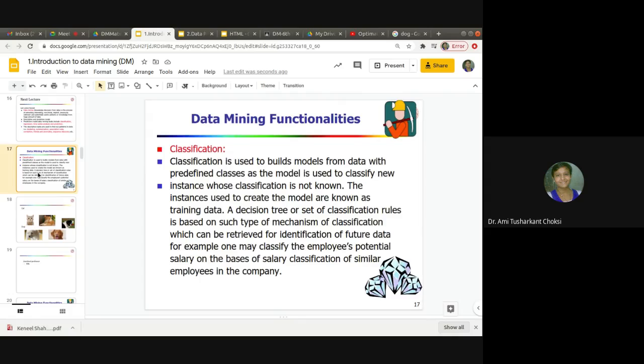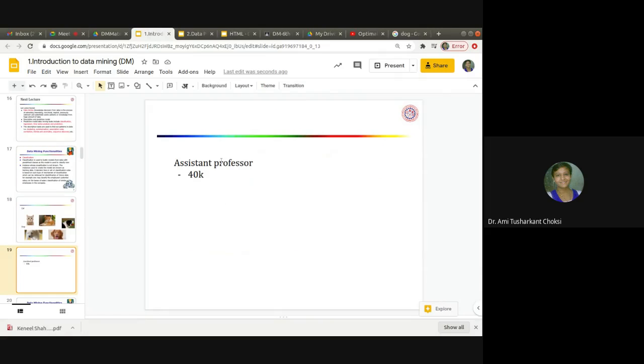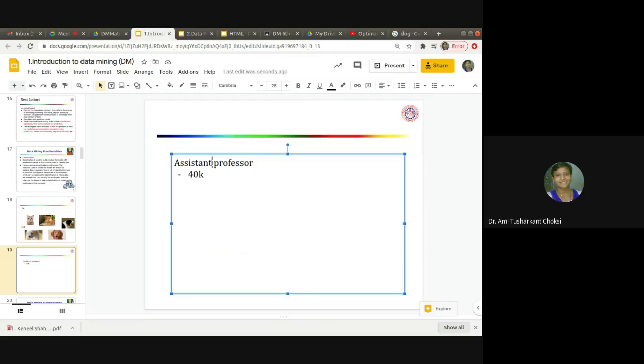From the known data, we build the model. From the known data, that is, whatever are the data of a particular person, assistant professors, they are having, say, master in engineering, that is, any branch, say mechanical, electrical, computer, electronics, right?